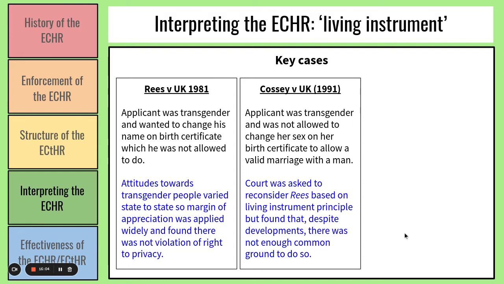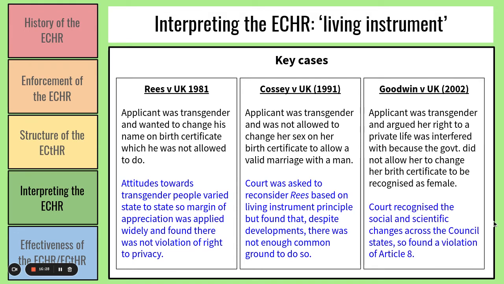The court was asked to reconsider Rees based on the living instrument principle, but found that despite the developments, there was still not enough common ground to do so. So there was no violation of the right to privacy here, or the right to marry either. So still in Europe, there wasn't a consensus, there wasn't this recognition of transgender people and their rights.